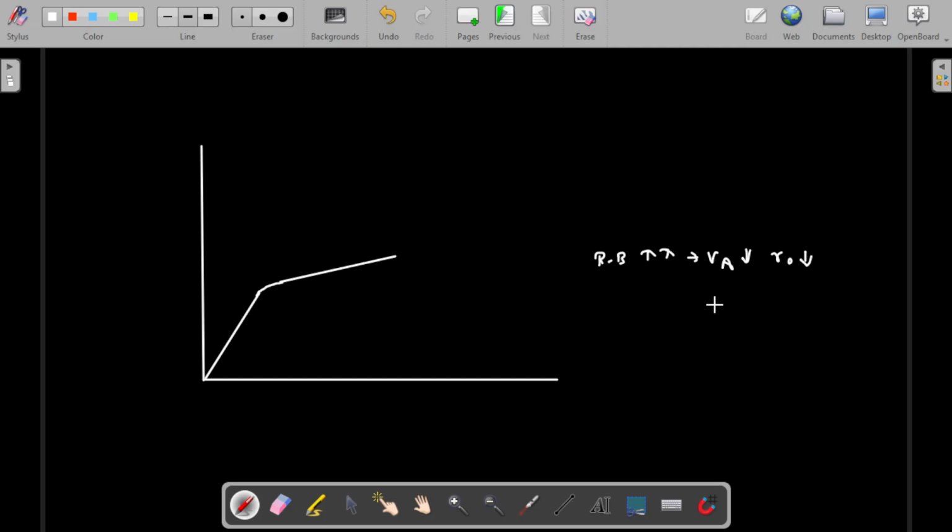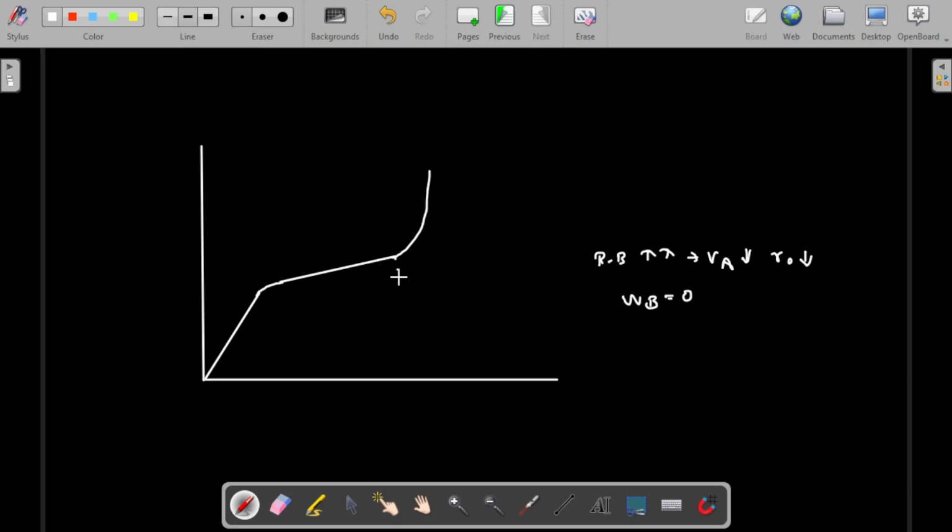In order to avoid that, punch through will hit. Punch through is affected by the depletion region: the entire base width is taken over by the depletion region. But that will not happen, because before that, the avalanche breakdown will happen. After the avalanche breakdown, the charge carriers increase tremendously and the BJT goes into the breakdown state.